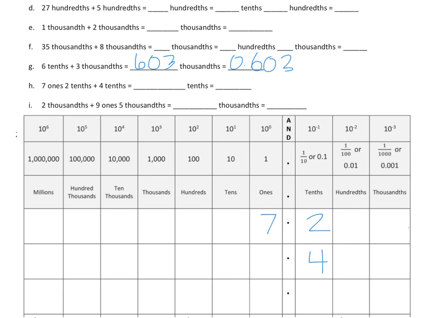2/10, and let's actually bring that 7 back to the tenths next to the 2. So 7 and 2/10, as I erase the 7 ones, also means 72/10. So 72/10 plus 4 more tenths would give me 76/10.